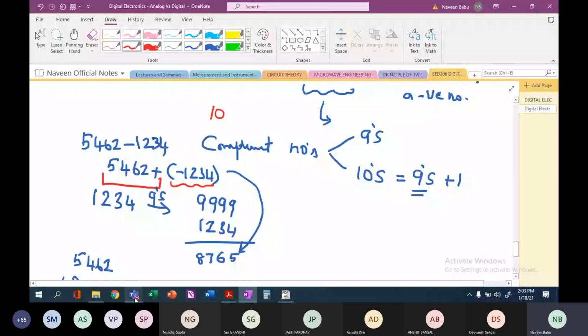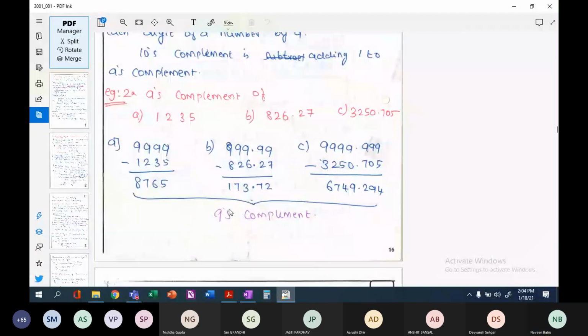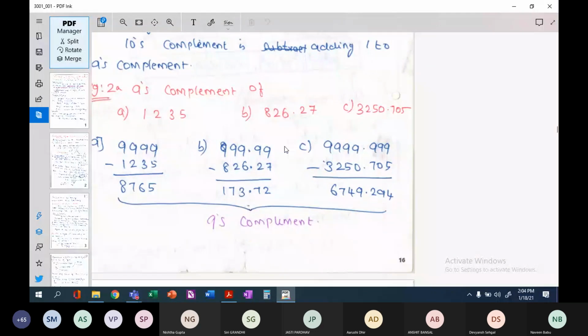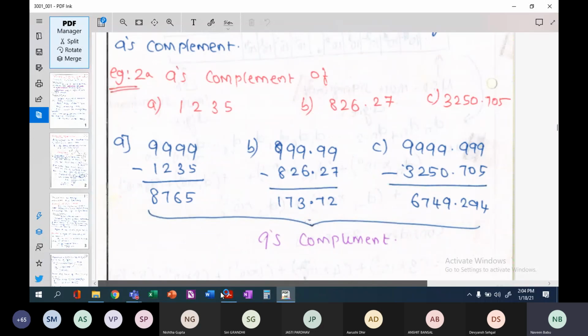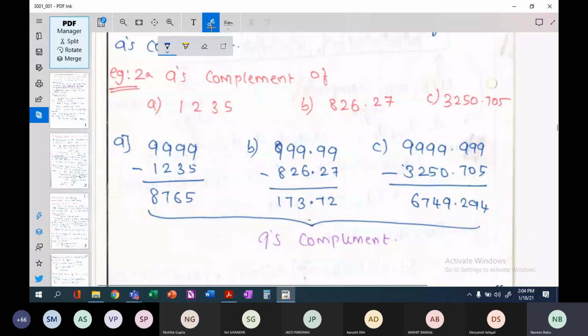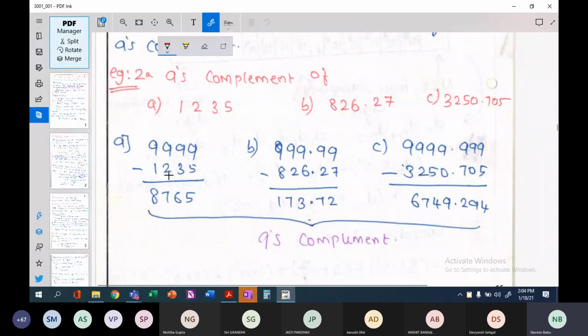Let us do more 9's complement representations. Now, how do you represent the 9's complement of 1, 2, 3, 5 here? The 9's complement is very simple, in the sense all you need to do is subtract this 1, 2, 3, 5 from 9999. So when you subtract from 9999, it is straightforward.